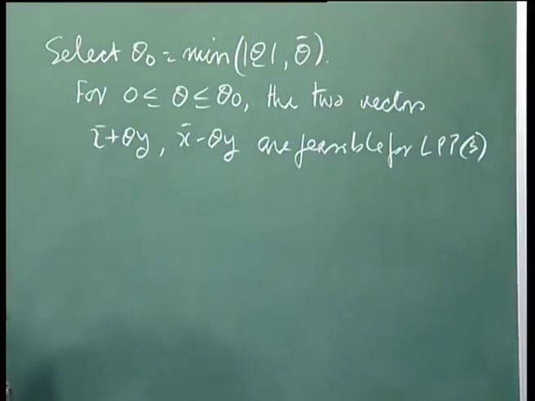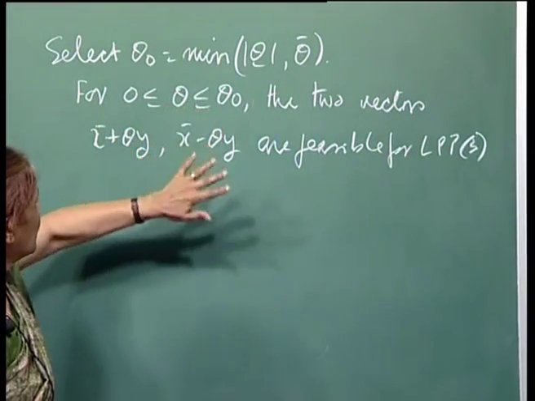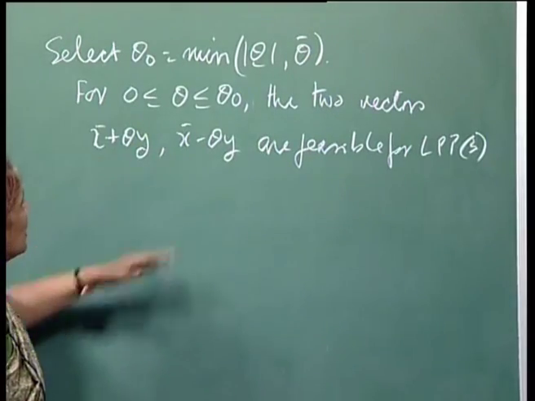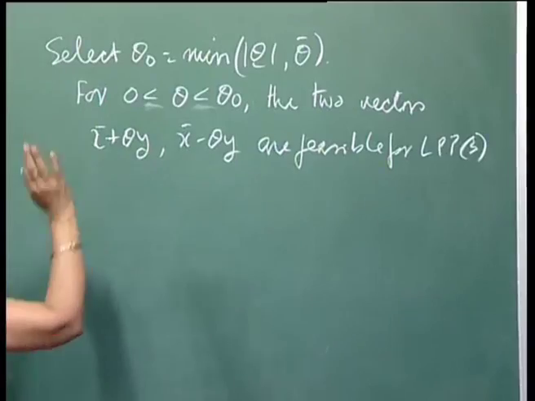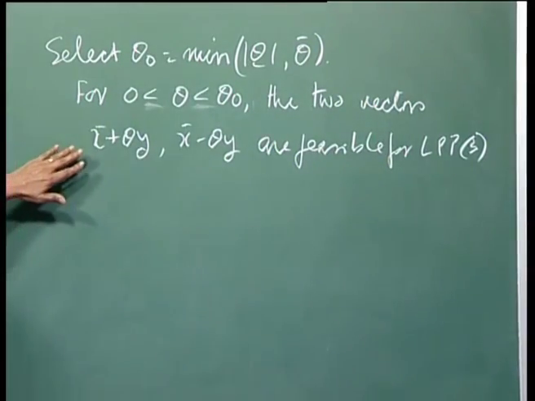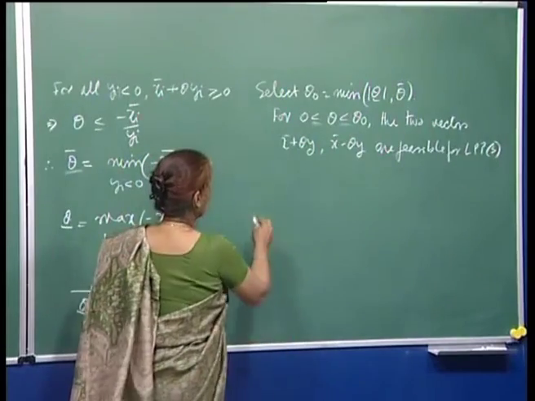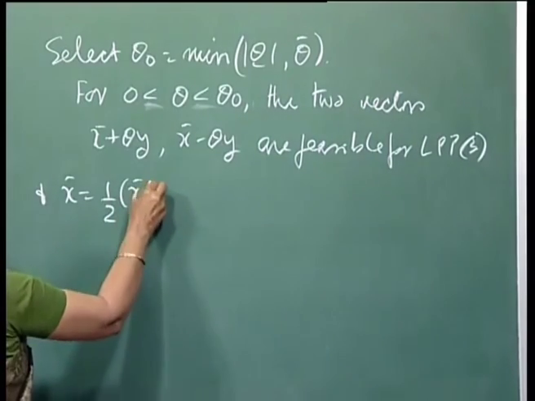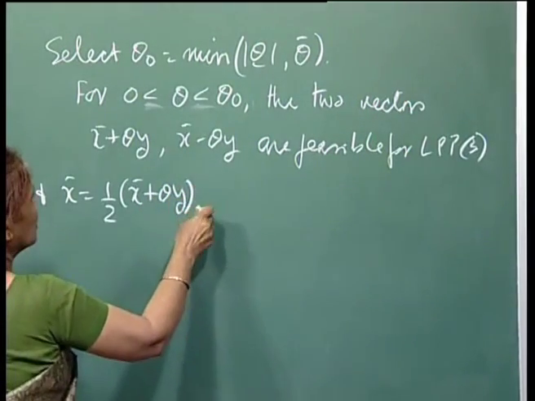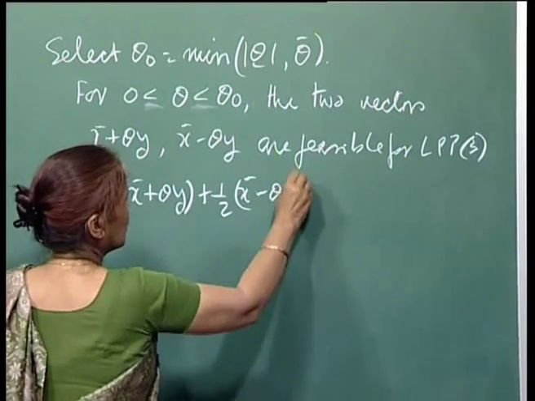They are both in F. So now if I choose a theta which is in this interval, maybe just to be safe, we will take it to be strictly less than theta naught, does not matter. Then these two solutions are feasible, right, and x bar can be written as half x bar plus theta y plus half x bar minus theta y.